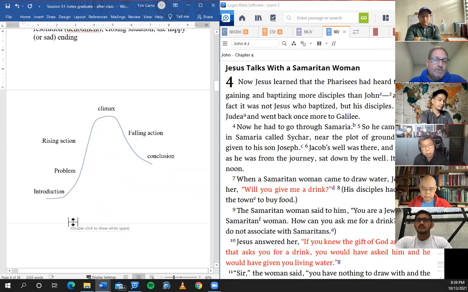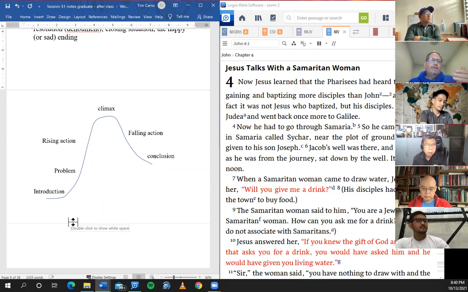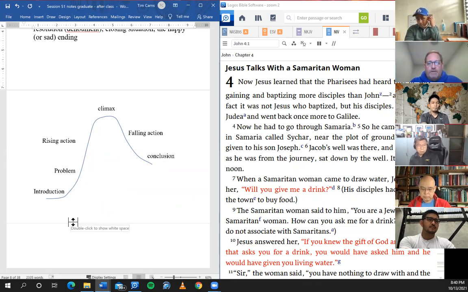But some stories are part of the bigger plot, and some of them don't have their own problem and resolution, because they're placed there by the author to contribute to the rising action, climax, etc., of the overall narrative, the whole gospel, for example. But sometimes within a gospel, and especially in John's case, you'll have self-contained stories that also have a point within themselves that is linked to the larger point of the whole gospel.